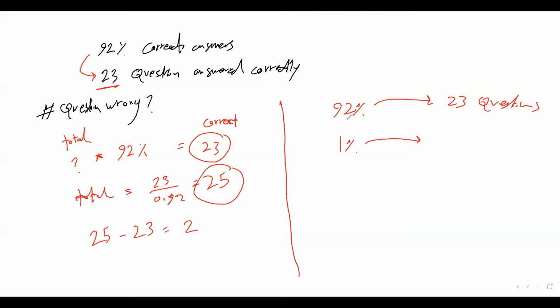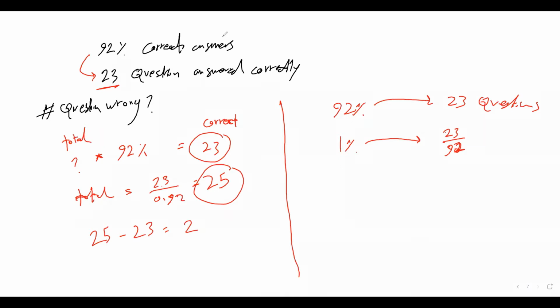So 1% means 23 divided by 92, right? And then we're looking for, this time we're not looking for 100%, because if you multiply by 100, it gives you the total number of questions, which you don't need to find.